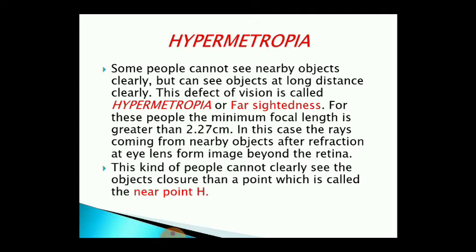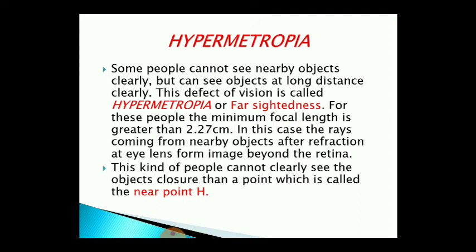We know that the minimum focal length of our eye lens is 2.27 centimeters for a healthy person, but for persons suffering from hypermetropia, it is greater than 2.27 centimeters.